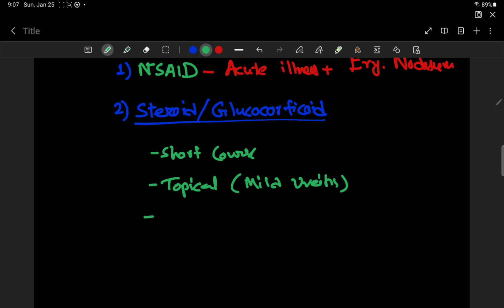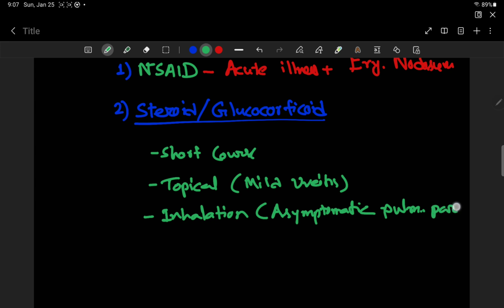And then you can go for inhalation for asymptomatic pulmonary parenchymal involvement.